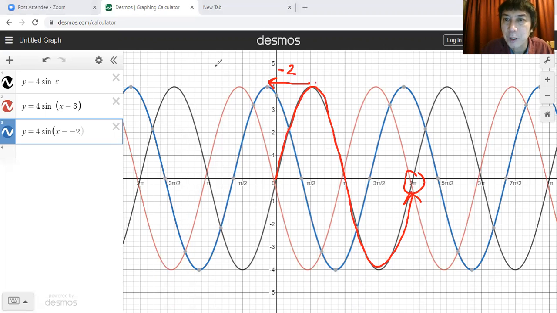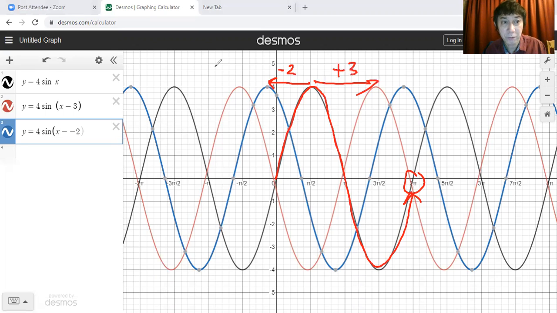So that means from this, it actually moved here. That's the +3. That is comparing the red with the black. So that is actually the horizontal translation.